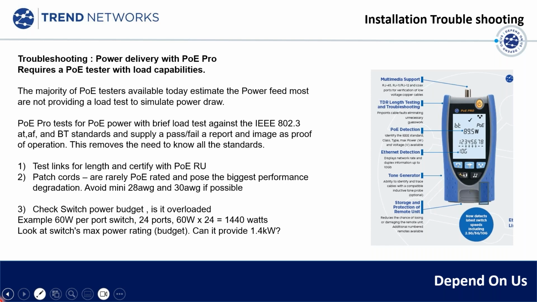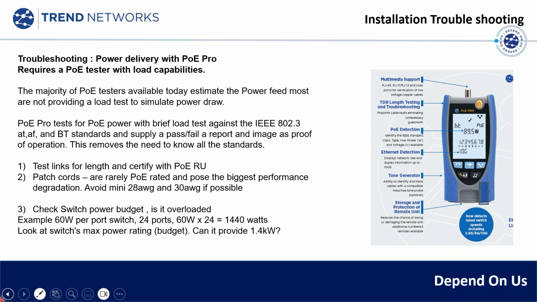So you need a product which will give you a load test, a draw test. So PoE Pro does a power load test against a standard. It's just a brief load test to simulate, is that enough to meet that standard from AT, AF, which are the 2-pair standards, to BT, to apply a pass-fail. Okay, so be aware there's standards and be aware there's the need for a load.